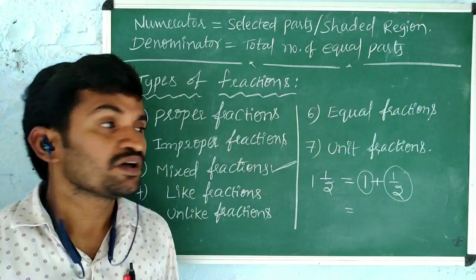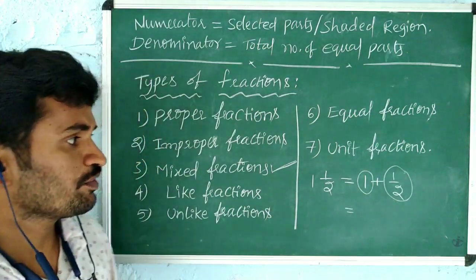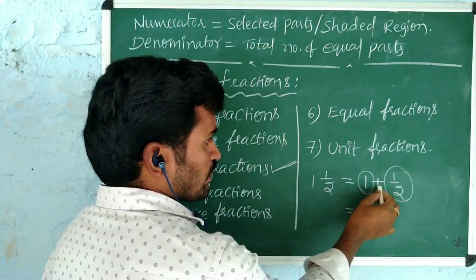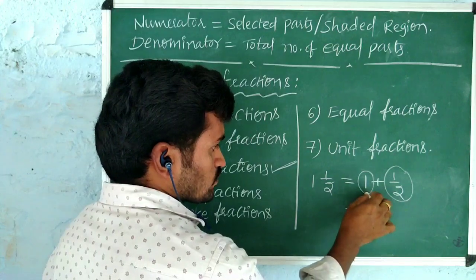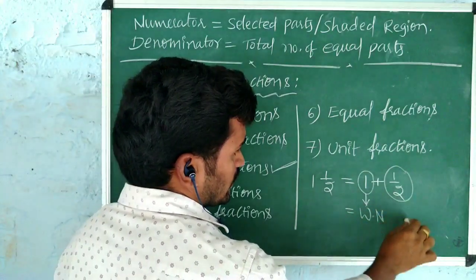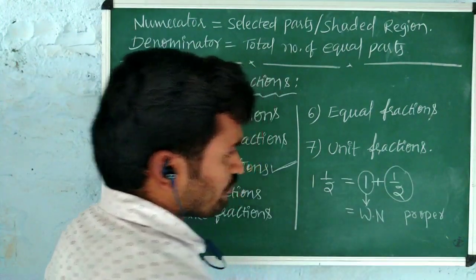Already I told you, proper fraction means numerator is less than the denominator. So 1 1 by 2 we can write as 1 plus 1 by 2. Here this 1 is a whole number, this one is a proper fraction.